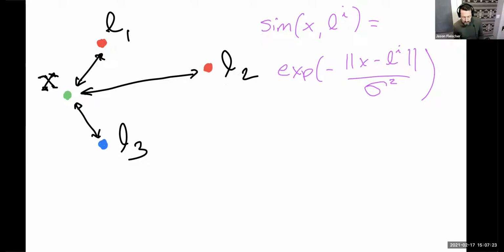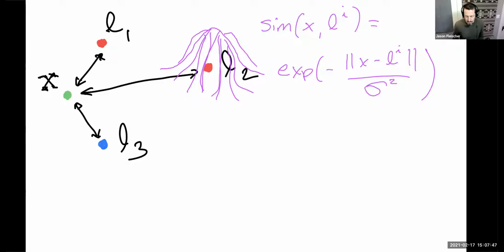And somebody didn't like my one-dimensional Gaussian from before, right? So what if I try to draw this in 2 dimensions? So around L2, here's my beautiful 2-dimensional Gaussian that I'm trying desperately to draw for you, right?